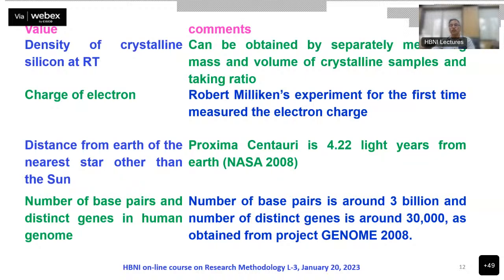One way is to repeat the experiment multiple times to decrease the plus minus, the standard deviation. At the same time, if you have some standards, that is to determine the accuracy of your measurement.